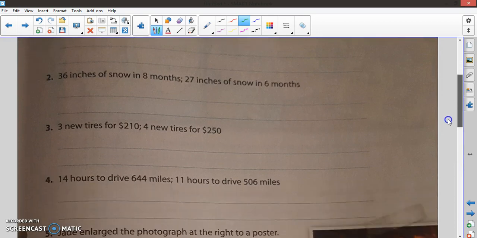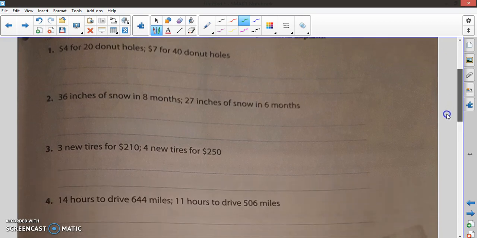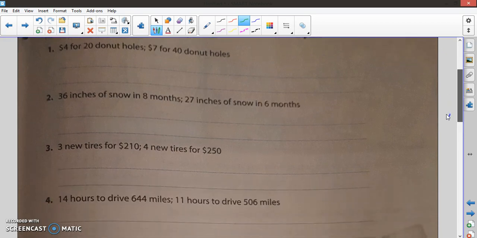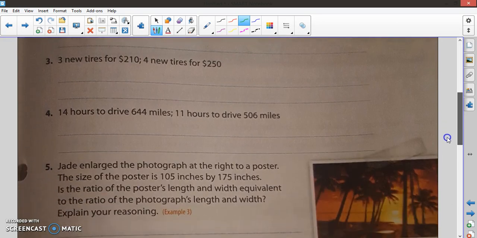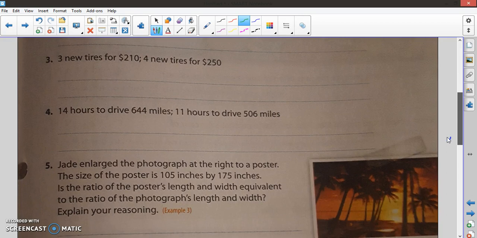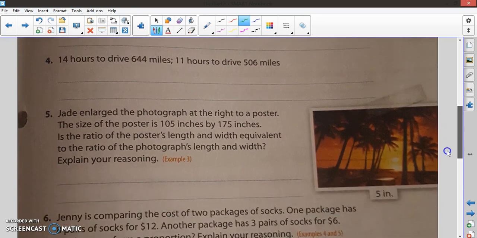You'll do number 1. You can try number 2. Try number 3. Number 4.